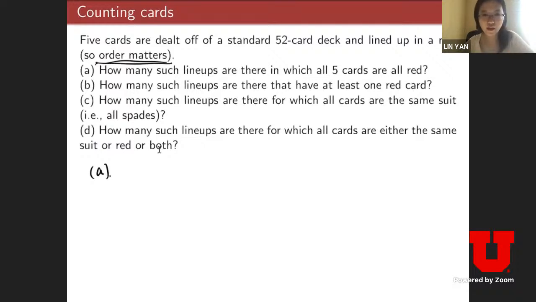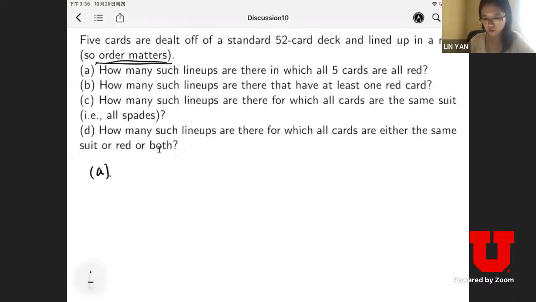Yes, half of the cards are red, so in total we have 26 cards that are red. Yes, correct.